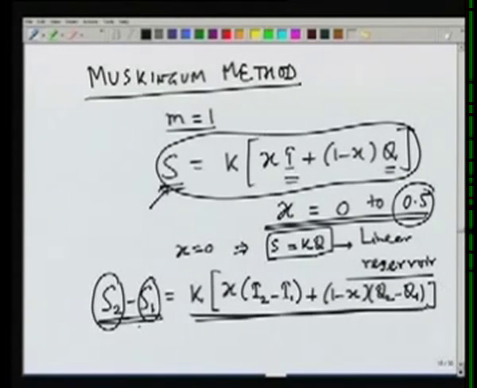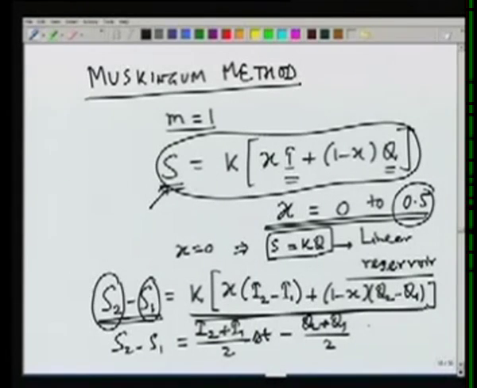Now this change S2 minus S1 from the continuity equation is also equal to (I2 plus I1) by 2 times delta t minus (Q2 plus Q1) by 2, again multiplied by delta t.